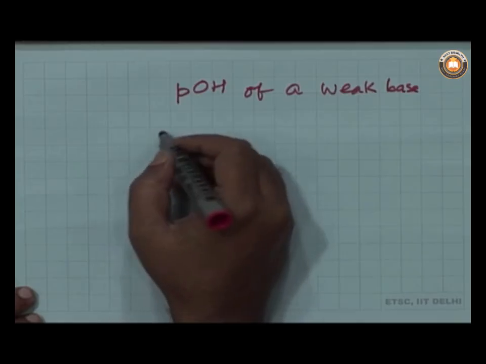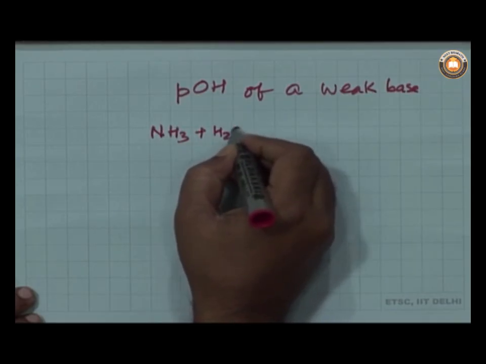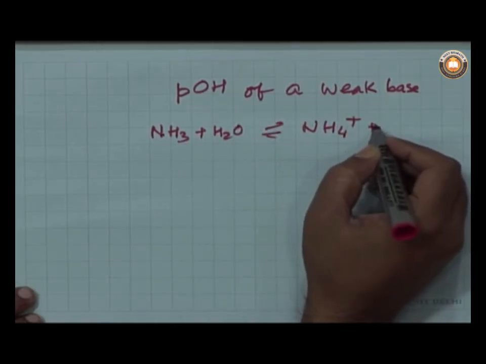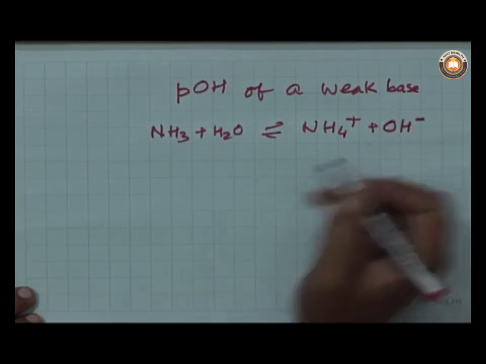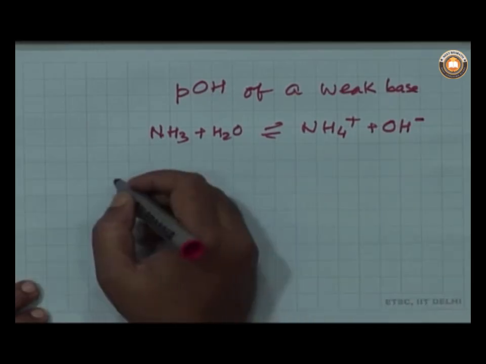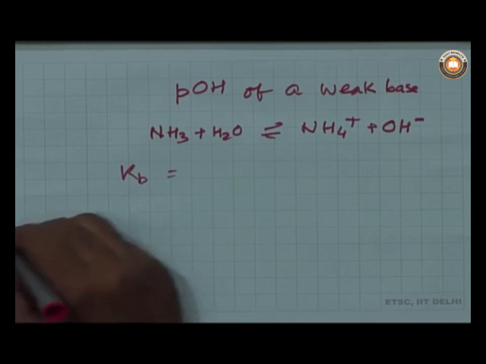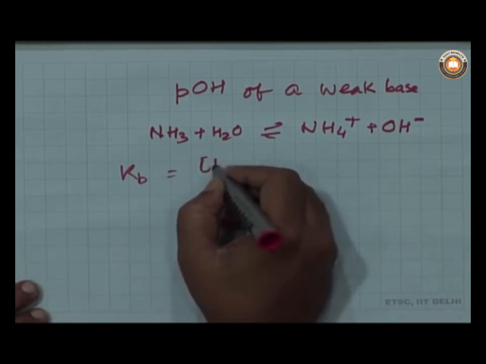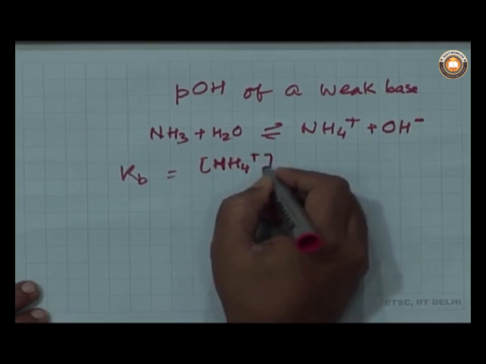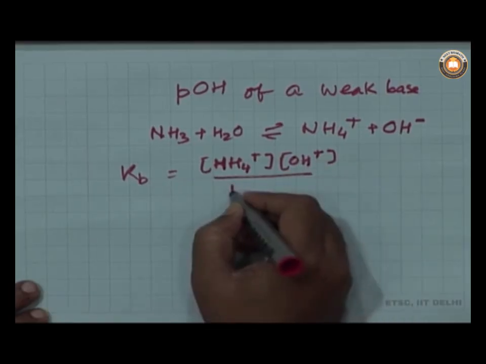For example, your ammonia solution. So, pOH of a weak base is given by Kb is equal to NH4 plus into OH minus divided by ammonia.